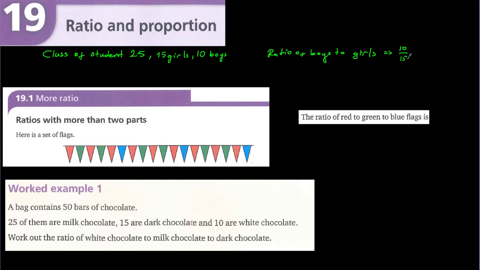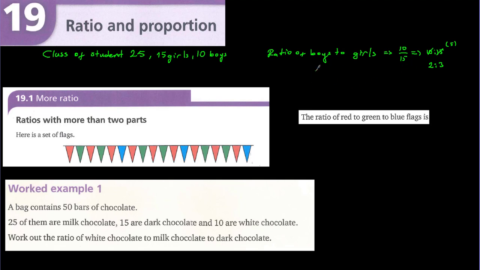This is 10 over 15, the boys to girls ratio. There is another way to mention this also: 10 to 15. After this step, you may simplify by the common number, dividing by 5. So this is equal to 2, and this is equal to 3. And this is the ratio of boys to girls.